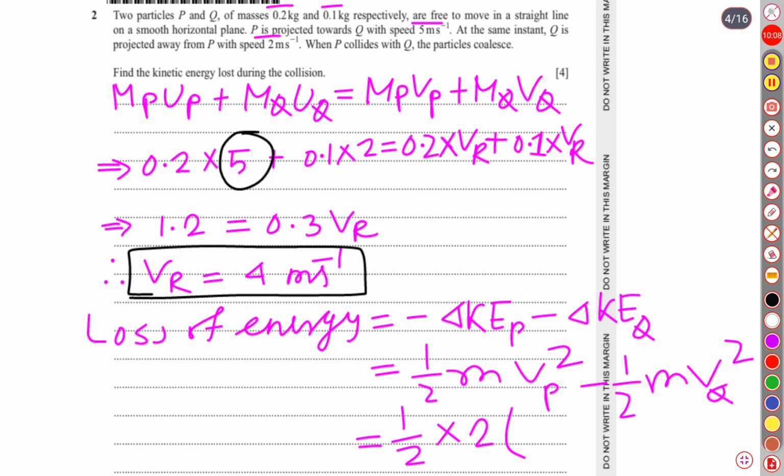So it is going to be 4 squared minus 5 squared.